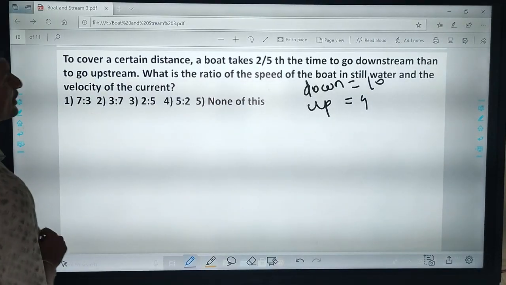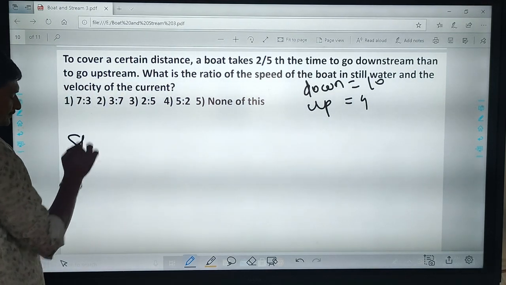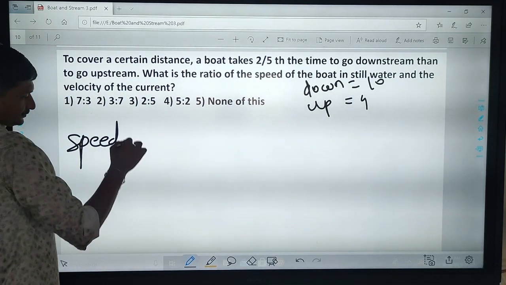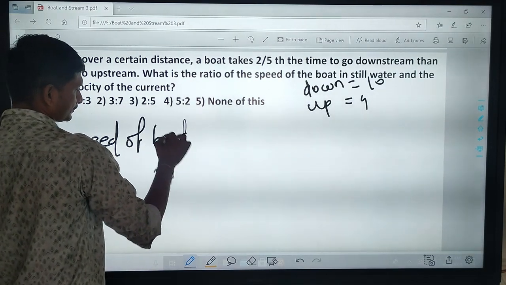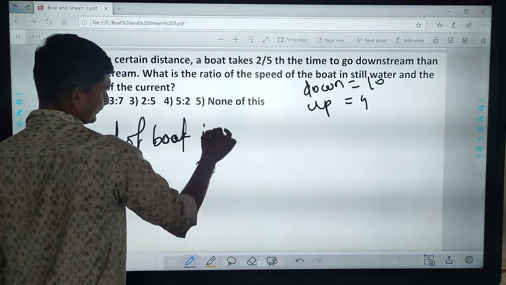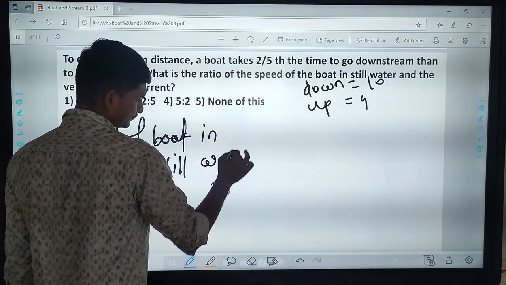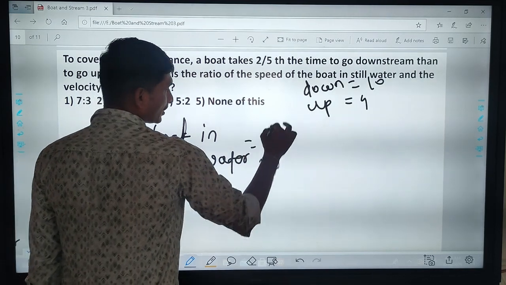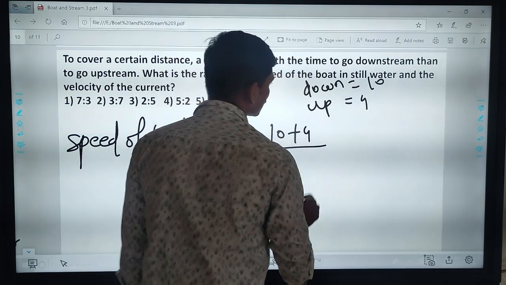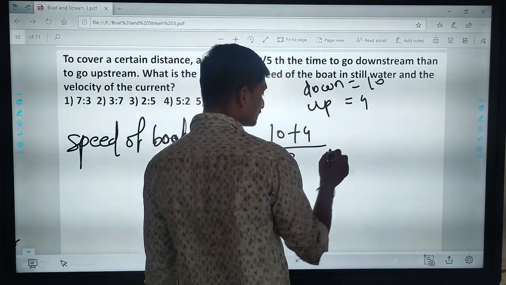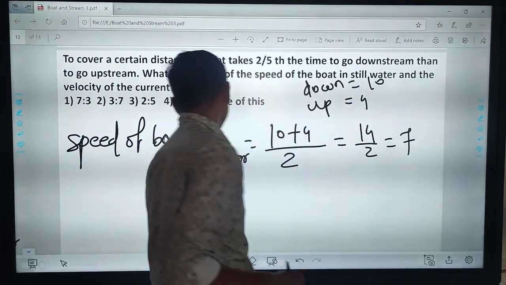Speed of the boat in still water is downstream speed plus upstream speed divided by 2, that is 7.